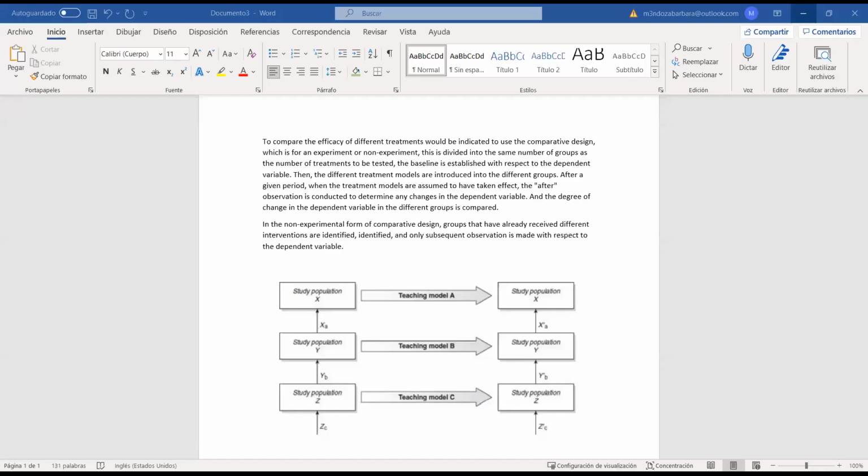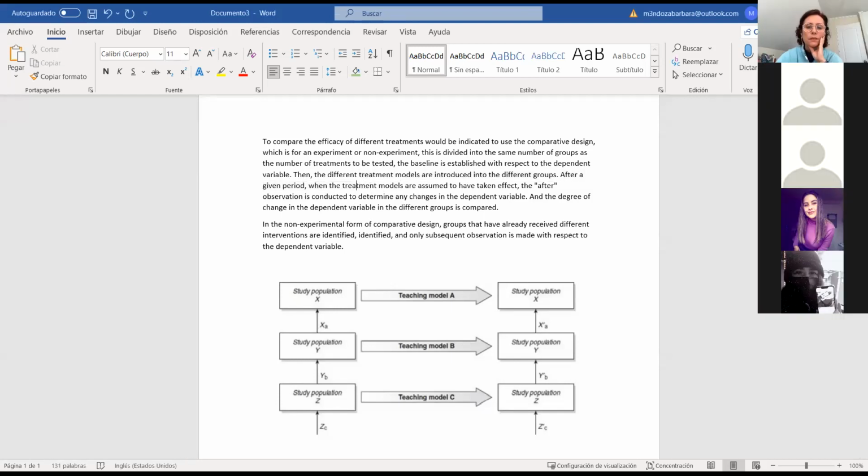Araceli, a little bit of the summary. It's not the presentation, so do not worry. Okay, Barbara. Words that are important for understanding this. I think that is treatment. Yes, different treatment.